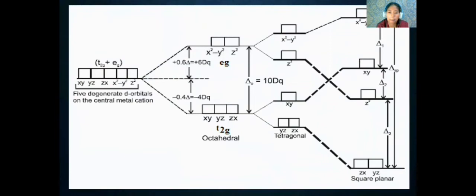So we have here the molecular orbitals for tetragonal and square planar compared to our octahedral. As you can see, square planar has a really large delta difference compared to tetragonal.